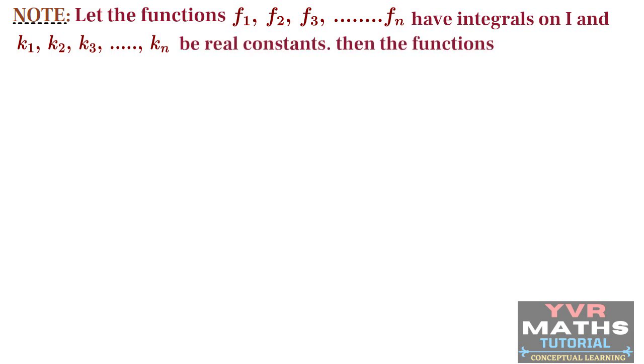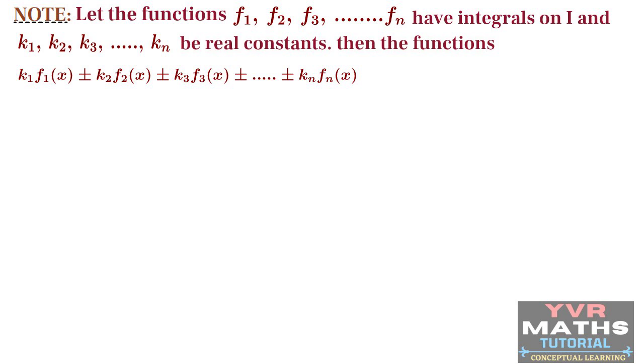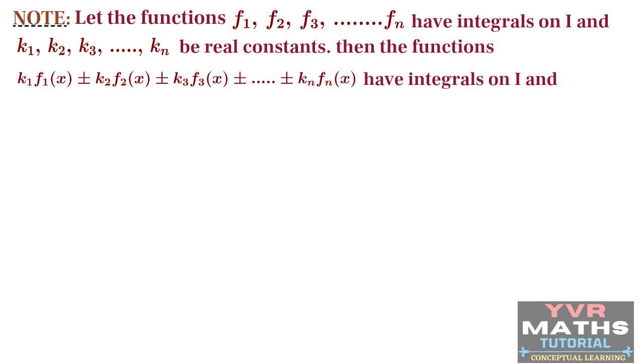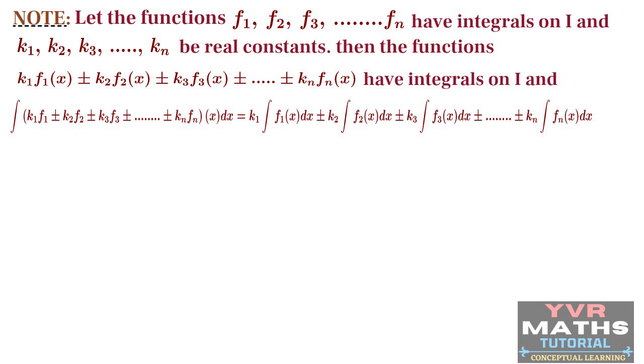Then the functions k1 f1 of x plus or minus k2 f2 of x plus or minus k3 f3 of x plus or minus up to plus or minus kn fn of x have integrals on the same interval I.